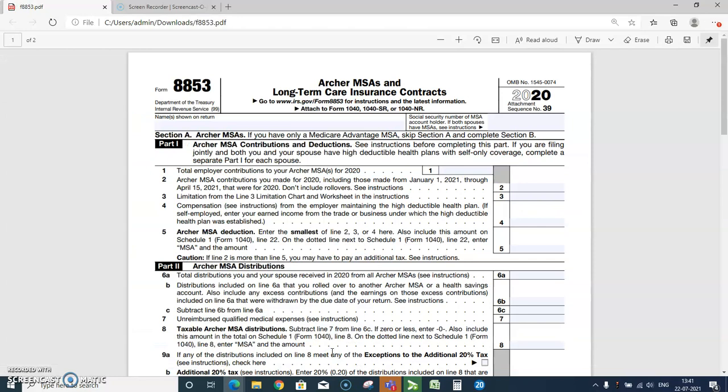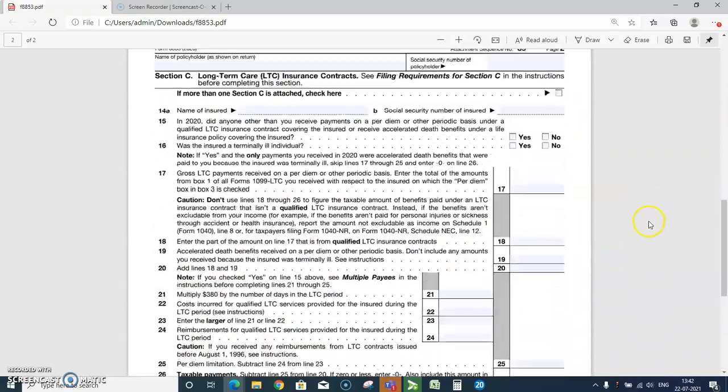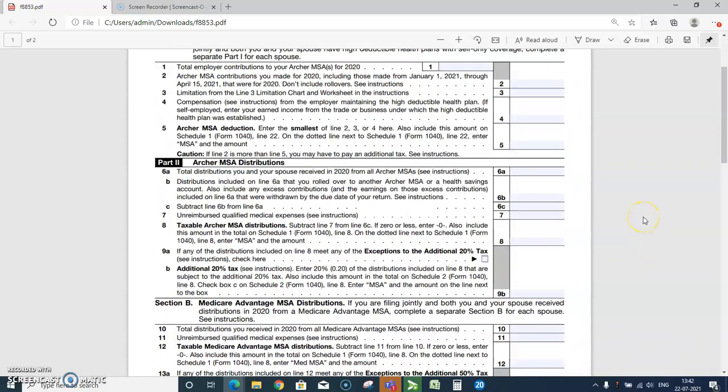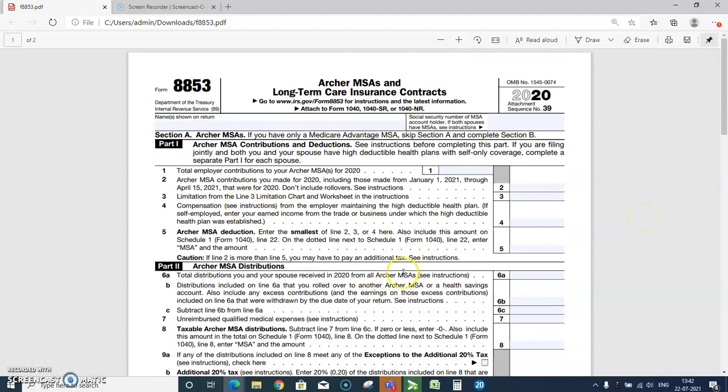Okay, let's quickly recap what I have discussed earlier in the video. Basically, the 8853 form is a 2-page form, and it has 3 sections and consists of 2 parts.